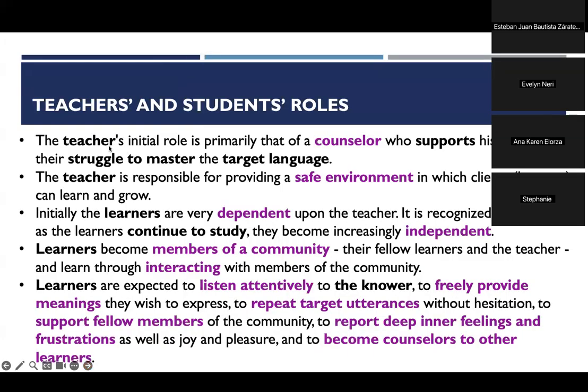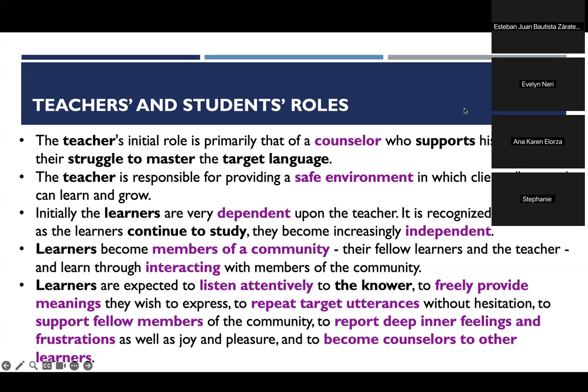Then, what are the teacher and student roles? First of all, remember that the teacher's role is like a counselor who supports students in their struggle to master the target language. The teacher is responsible for providing a safe environment in which learners, or clients, can learn and grow. Initially, the learners are very dependent upon the teacher.